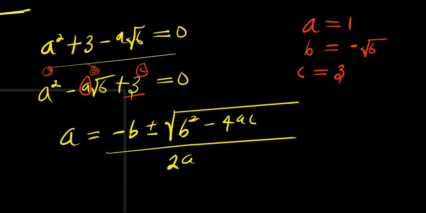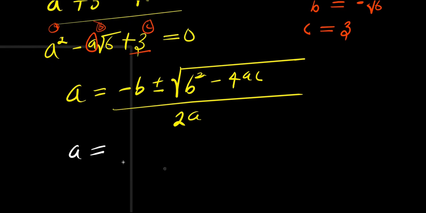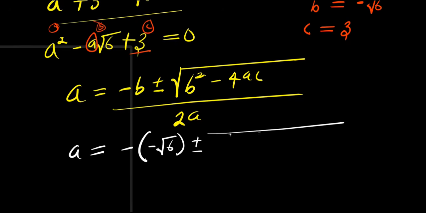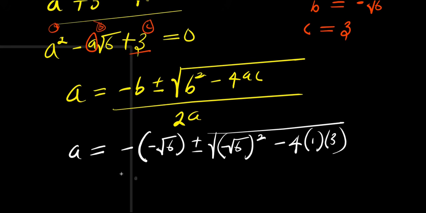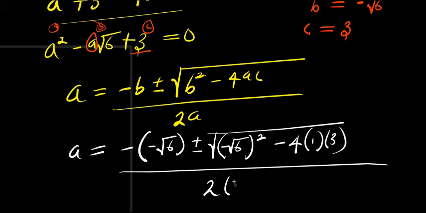So what we are going to do is simply insert this into this particular formula. We have a equals negative b, so negative times negative root 6, plus or minus the square root of b squared, negative root 6 to the power of 2, minus 4 times 1 times 3, divided by 2 times 1.